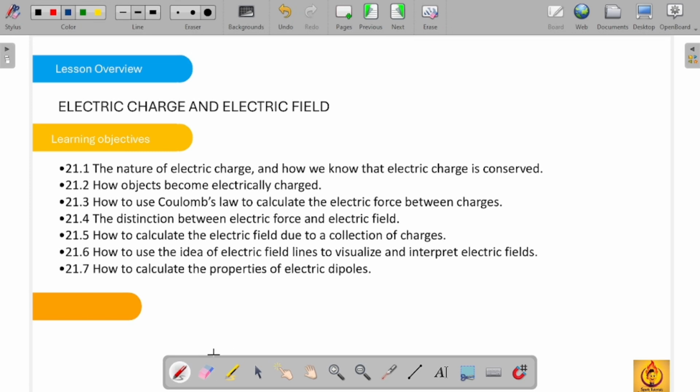Now, the charge of an electron is 1.6 by 10 to the power negative 19 coulombs. We also used Coulomb's law to calculate electric force between charges. This is where we were.